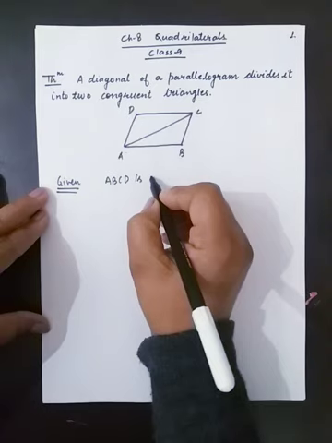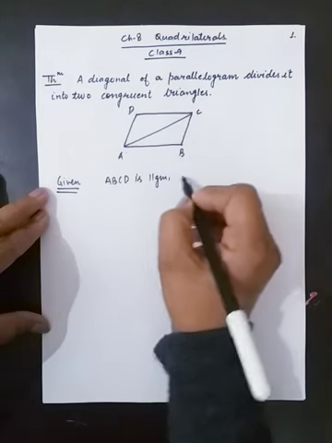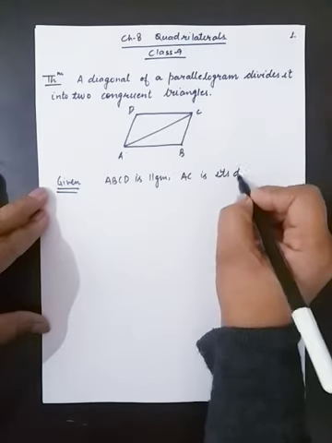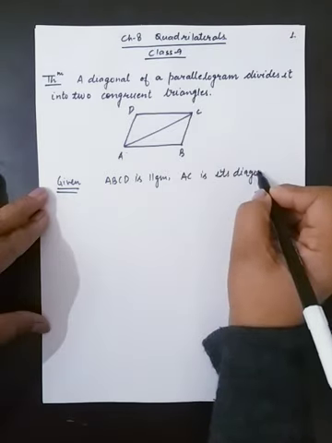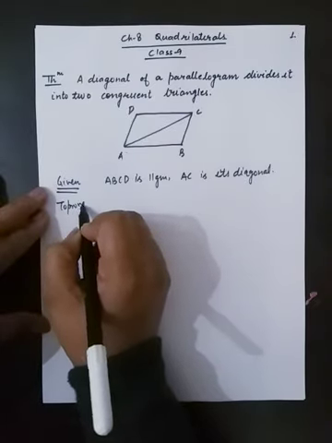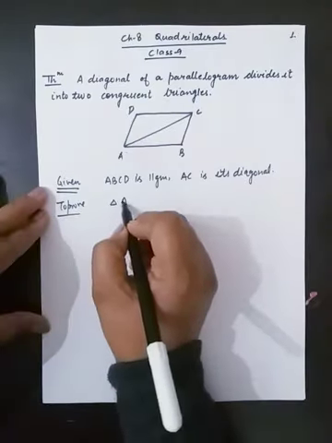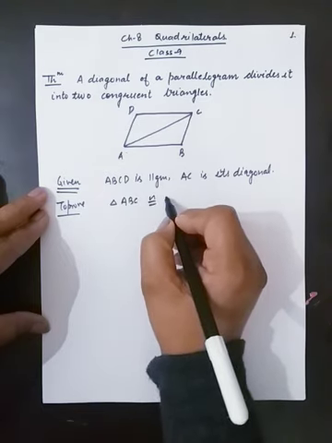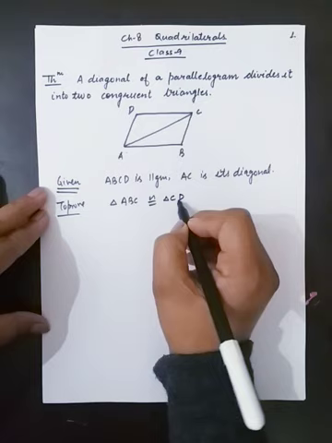ABCD is a parallelogram and AC is its diagonal. What we have to prove? Triangle ABC is congruent to triangle CDA.